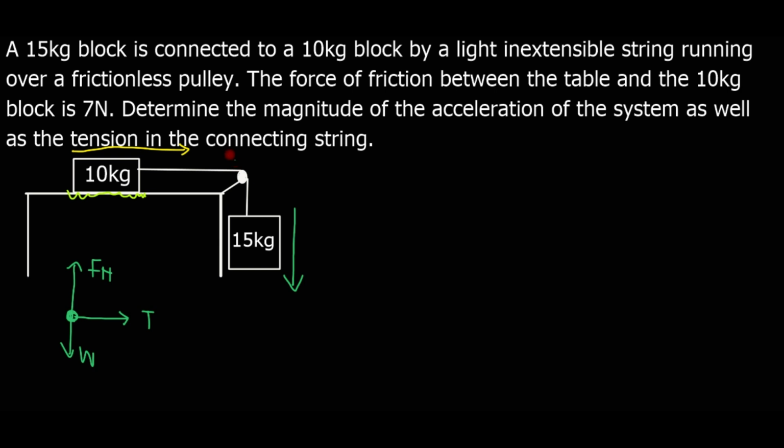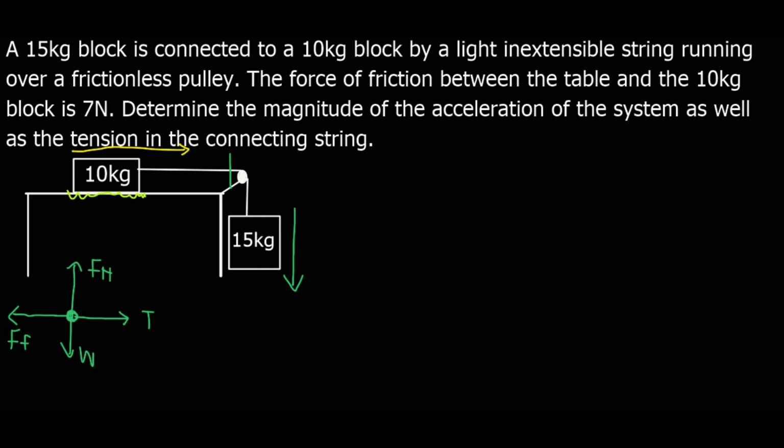Remember the tension from the previous example. And then a friction, which is always in the opposite direction. So this is our free body diagram for the 10 kg block.